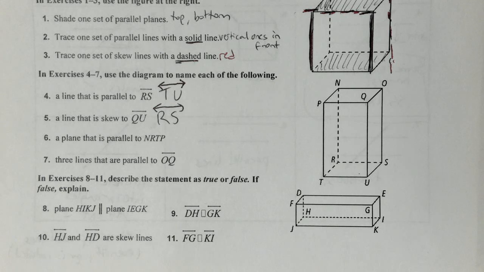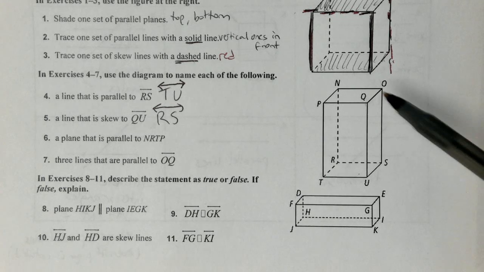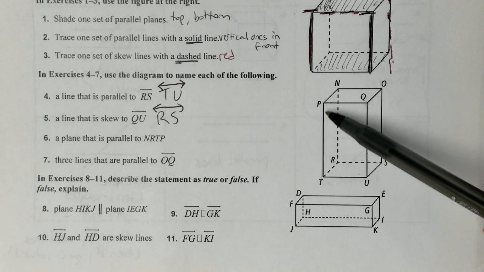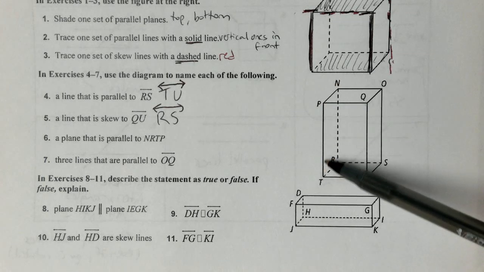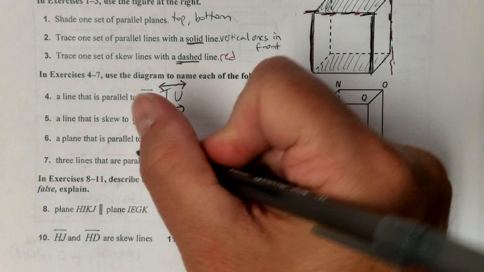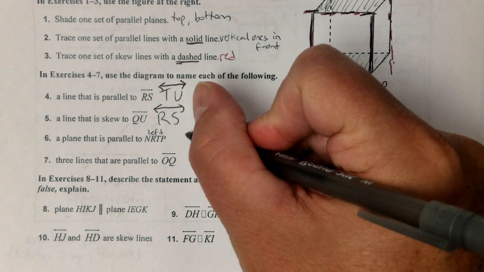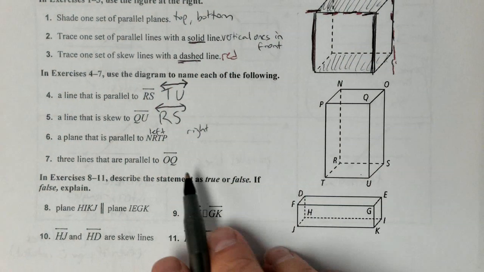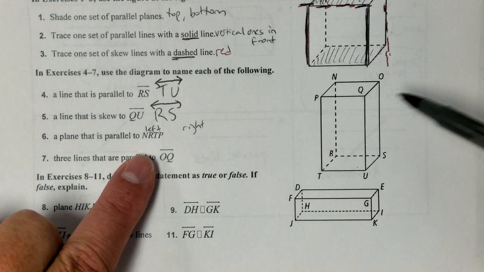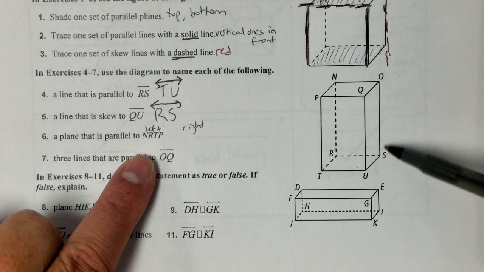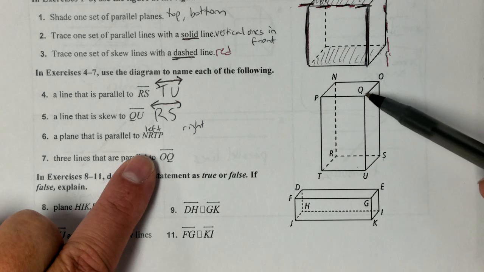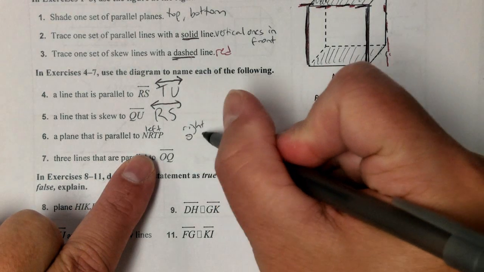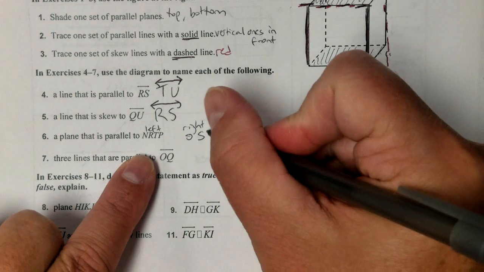Okay, number 6, a plane that is parallel to NRTP. Okay, so a plane that is parallel to the left would be the right. And we're going to say OSUQ.